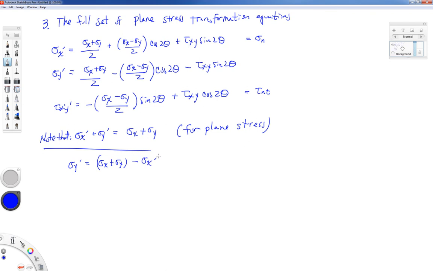That's kind of handy. The fancy way to say this is that the sum of those two normal stress components for plane stress is invariant to coordinate rotation. And again, that may be something that you encounter if you take a more advanced class in mechanics of materials, theory of elasticity, or even maybe linear algebra with some different terms that they may use.